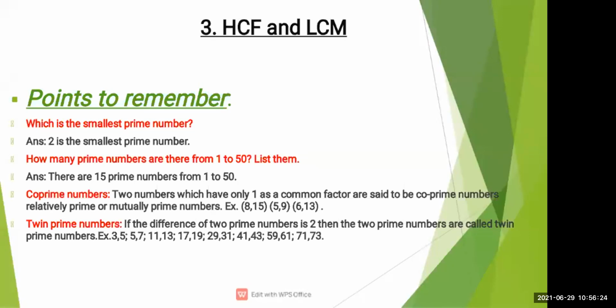We have to take prime numbers. 2 prime number लेना है. उसमें के जो difference होने चाहिए वो कितना होना चाहिए? 2. तो उसको क्या बोलते हैं? That we are going to call twin prime numbers. Now I will explain through examples. I have written here one example, that is 3 and 5.